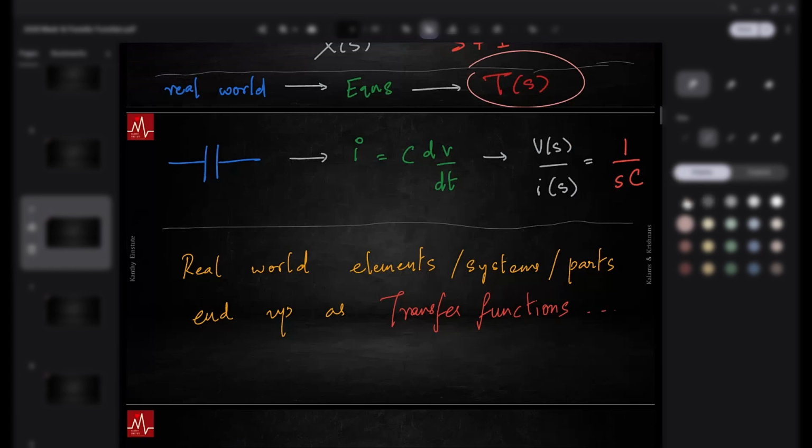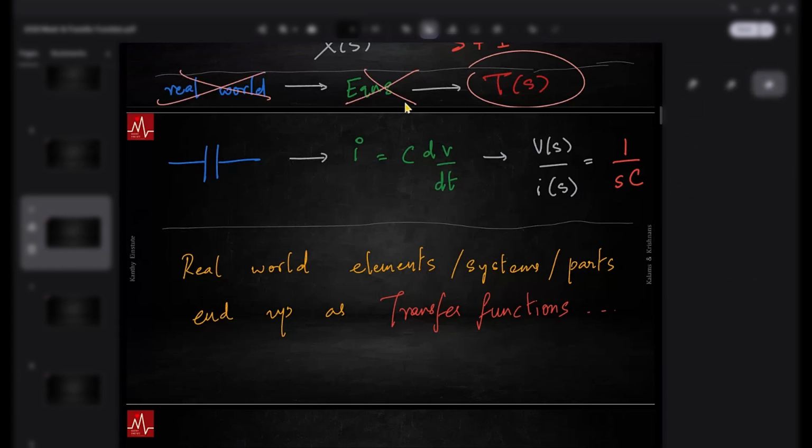This will often not be given, totally abstract. What real world system we are talking about, we do not know. In this transfer function, what can we analyze? What can we say? That is the question that we are going to ask. So grounding your understanding in the simple example is very important.